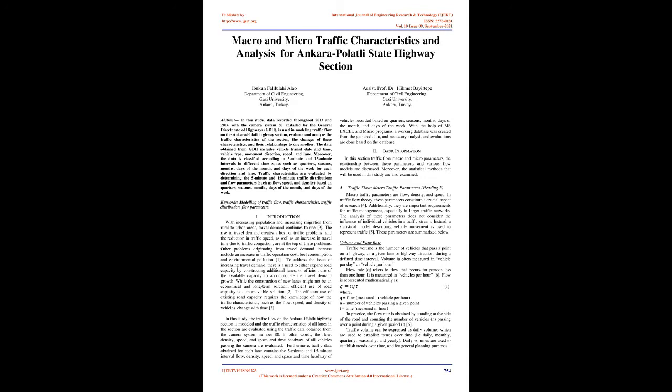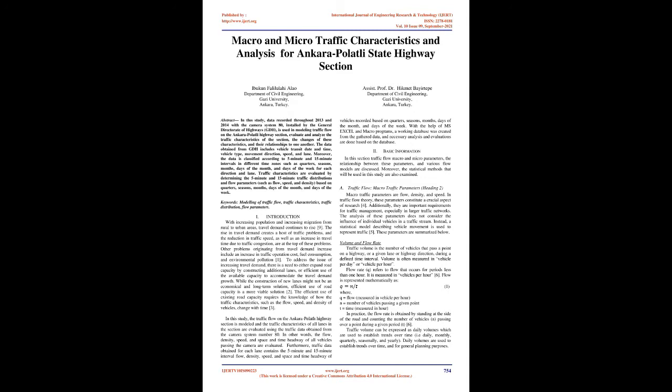In this study, the traffic flow on the Ankara-Polatli Highway section is modeled and the traffic characteristics of all lanes in the section are evaluated using the traffic data obtained from the camera system number 80. In other words, the flow, density, speed, and space and time headway of all vehicles passing the camera are evaluated.